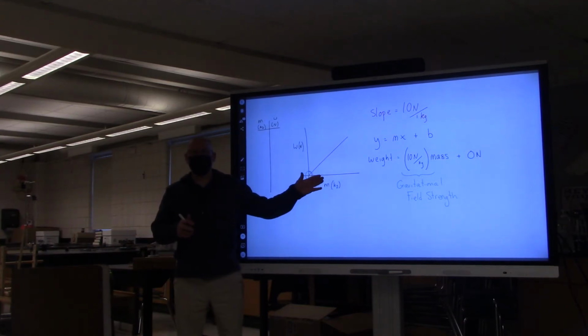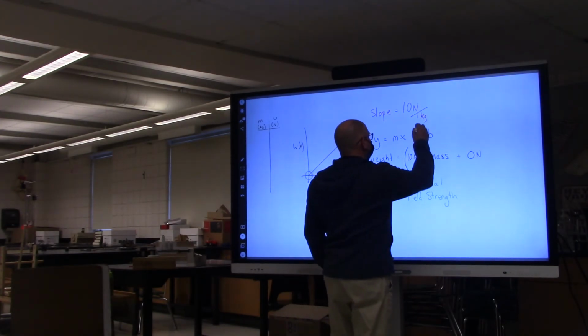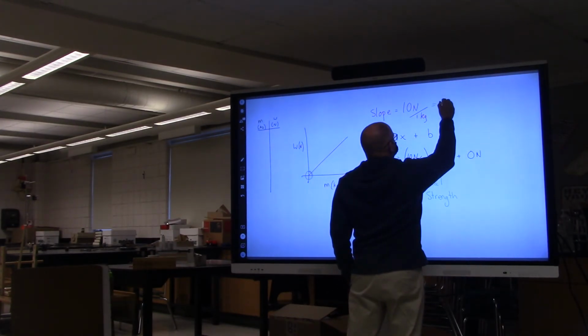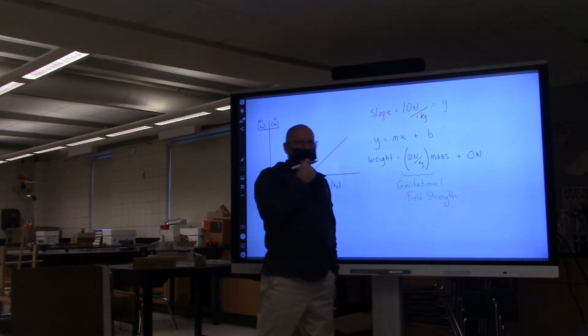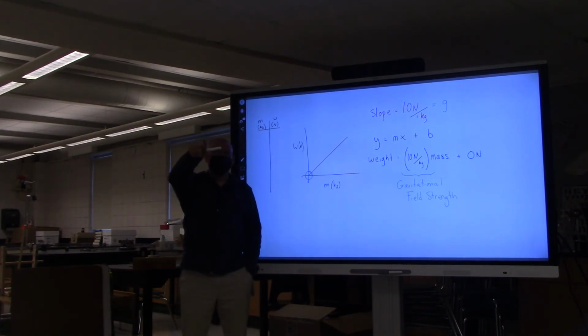Anyway, this is called the gravitational field strength. It's super important, and we use the same little g. It's so important, if you look up on the wall.